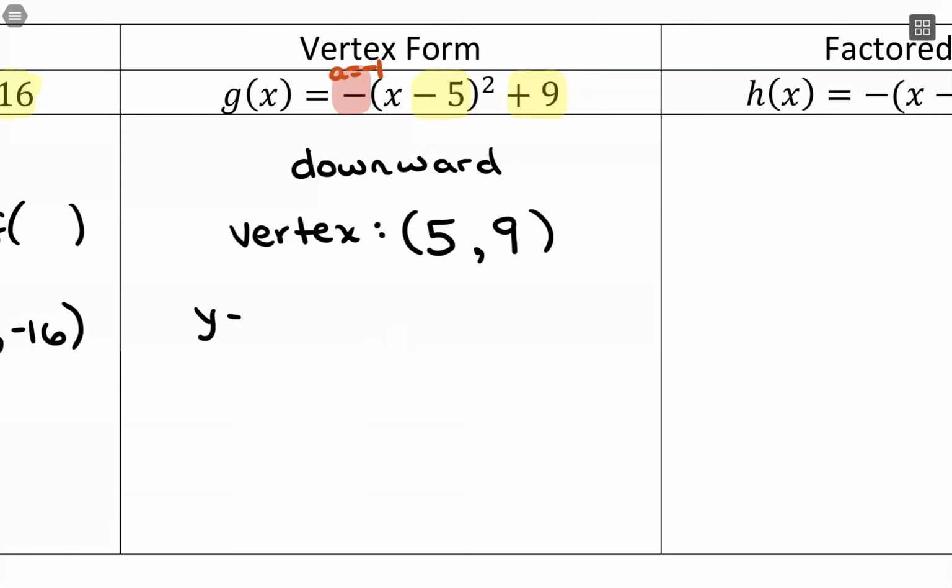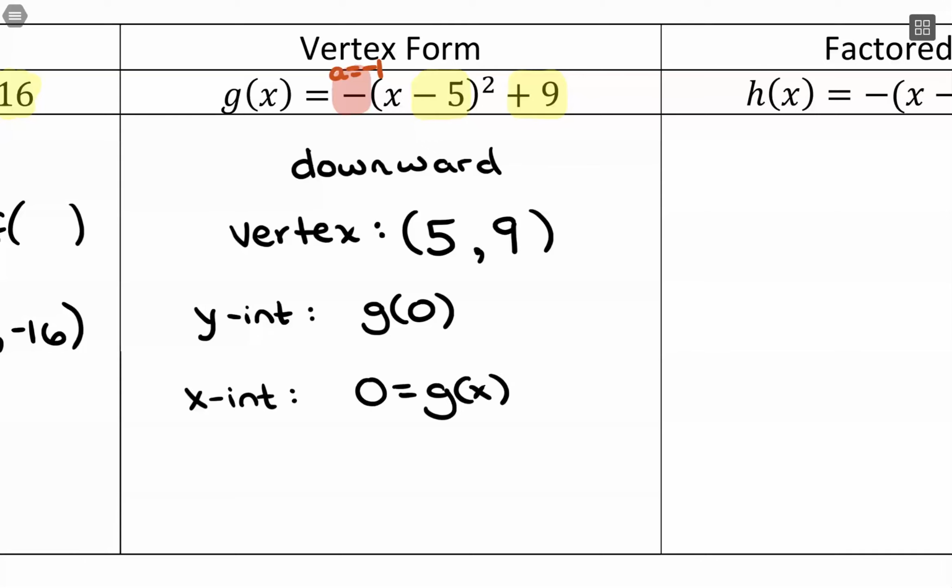Now for the y-intercept, we can calculate that pretty easily just by plugging in 0. For the x-intercept, we can calculate that by looking at 0 equals g of x, or g of x equals 0. When we solve our quadratic equation in this vertex form, what can be pretty nice, and we'll go through an example with this, is we end up using the square root method, which tends to be a little bit easier than factoring.